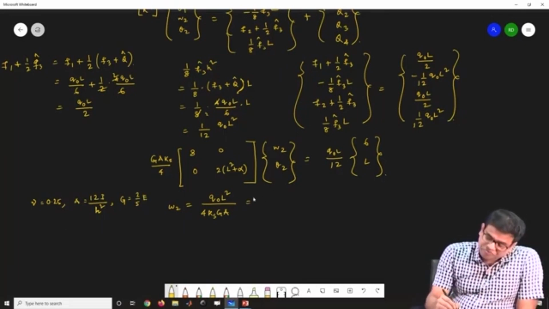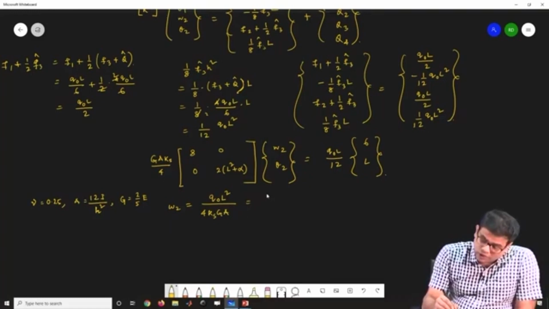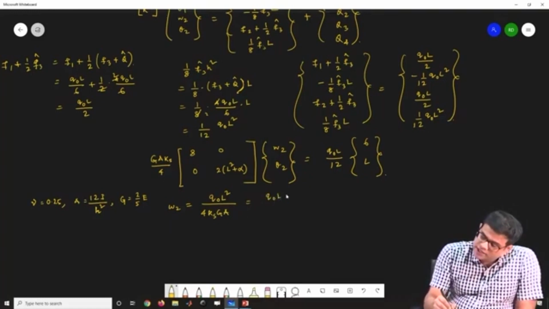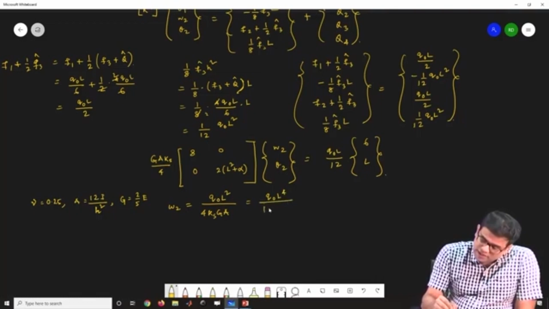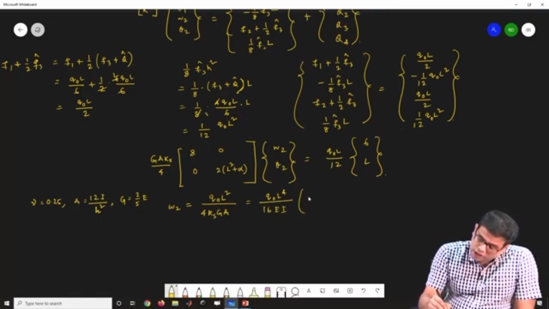So if you do this, then what you are getting is Q L to the power 4 by 16 E I into small h, that is the depth of the beam, and this is L by whole square.